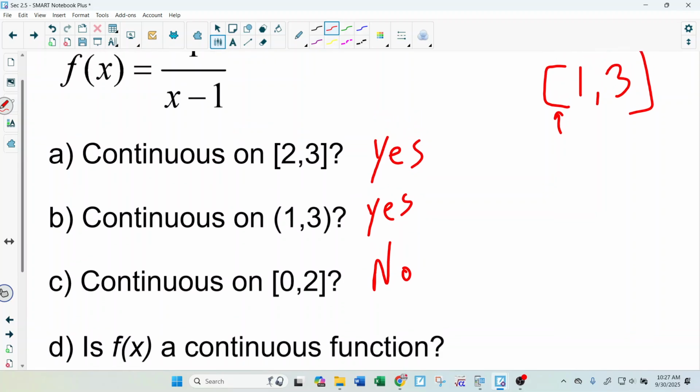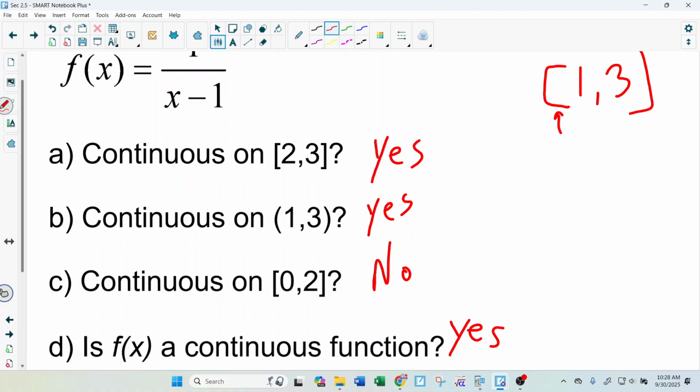So, is f of x a continuous function? Yes. Why? What's the definition of a continuous function? Read the definition for me.